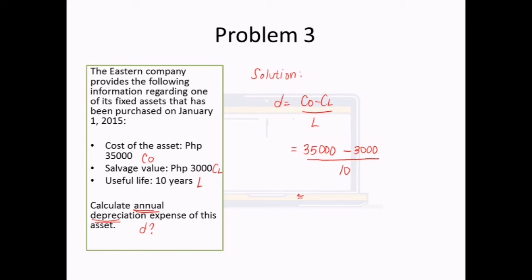And so by using your calculator, you can solve for the final answer, which is 3,200 pesos. So annually, the fixed asset purchased by the Eastern Company will be depreciated by 3,200 pesos. So the cost of the asset will decrease by 3,200 pesos per year.